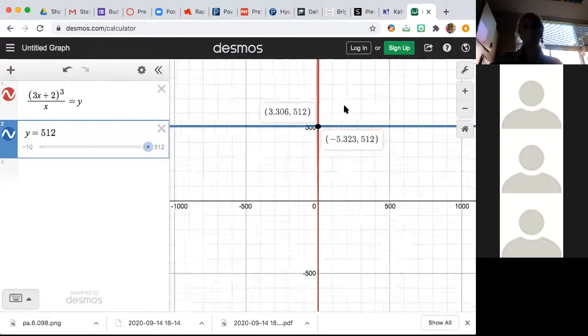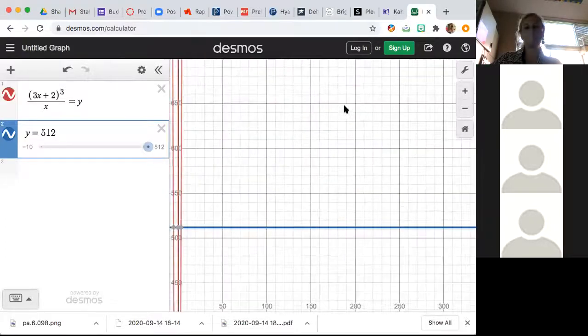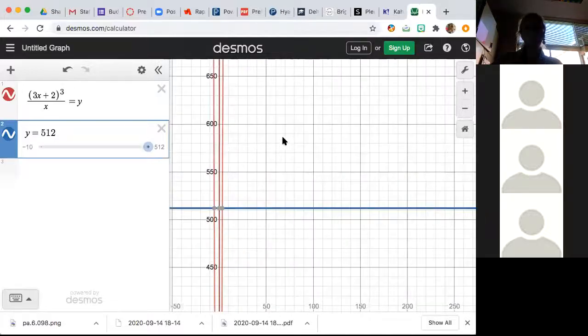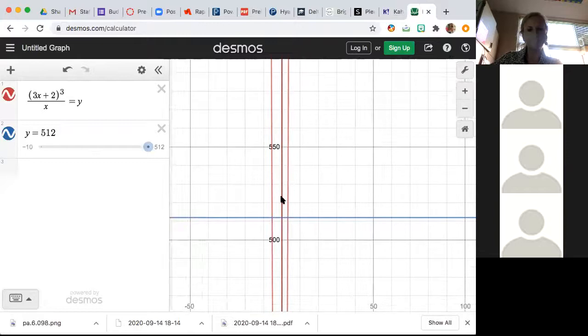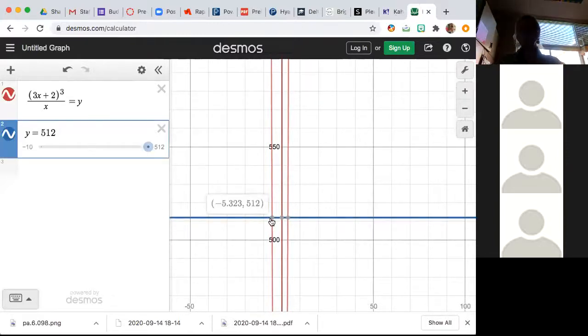Oh, there's two solutions. Let me zoom that in. Oh, is that 3? No, one of them's the y-intercept. The dark red is the y-intercept. All right. So the first answer for x, people at home, is negative 5.32.